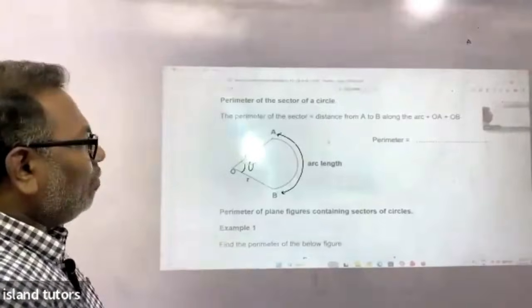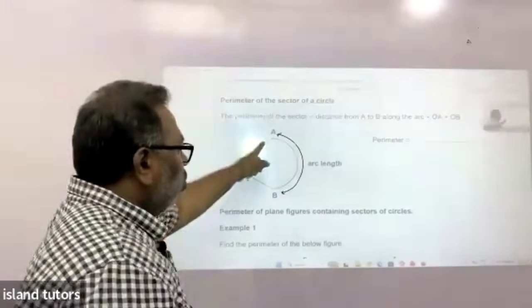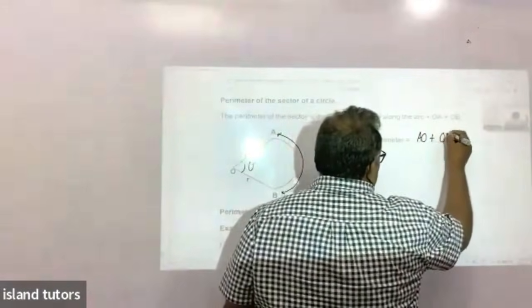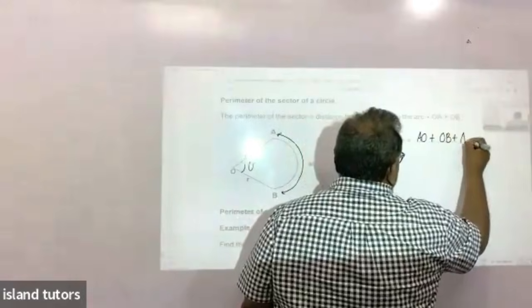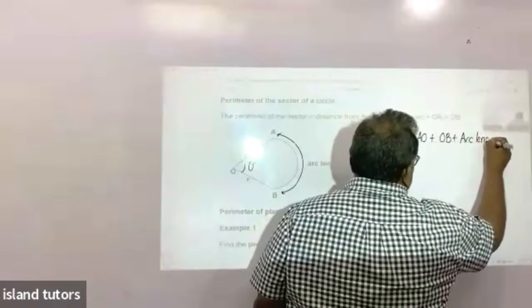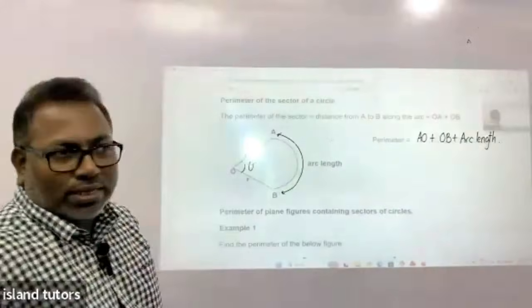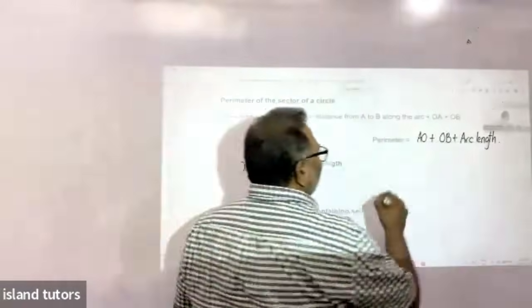So the perimeter therefore is what? AO plus OB plus your arc length, arc length AB. So we can just rewrite it.